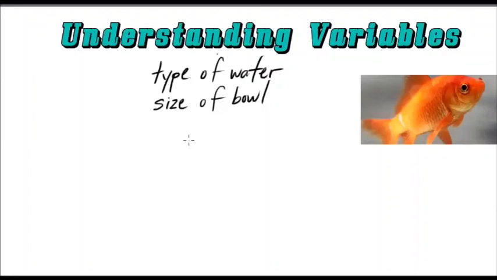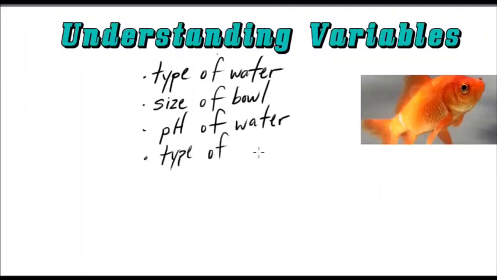How about the pH of the water? That's the acid or base level of the water. That's another one. Let's think about, we could do the type of food. The type of food would affect the goldfish. How about the amount of food? That's slightly different.